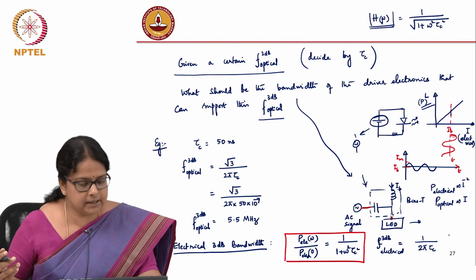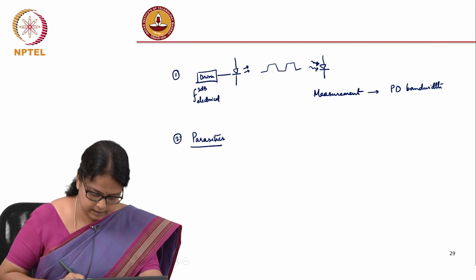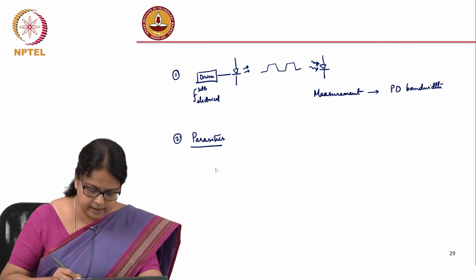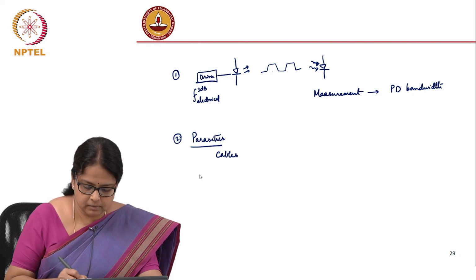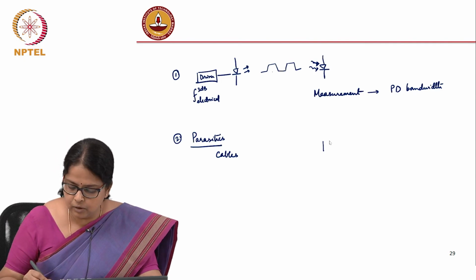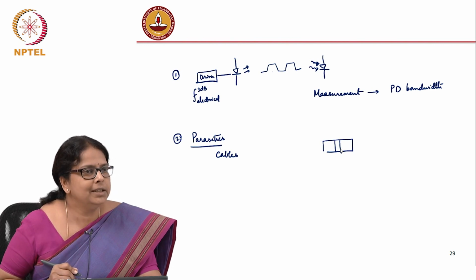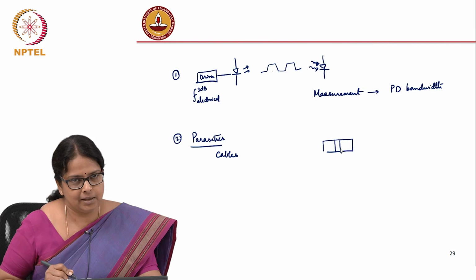The one parasitic you need to consider is about the cables. The other parasitic you need to consider is that your LED is a PN junction. Now, a PN junction comes with certain junction capacitance, right.